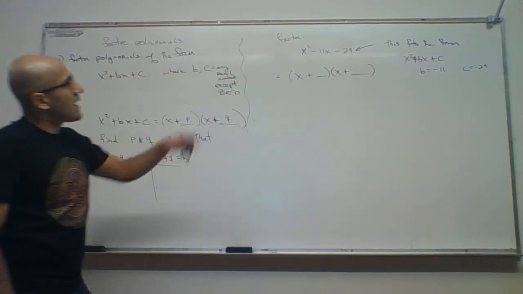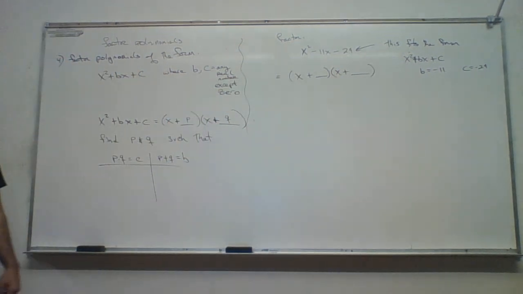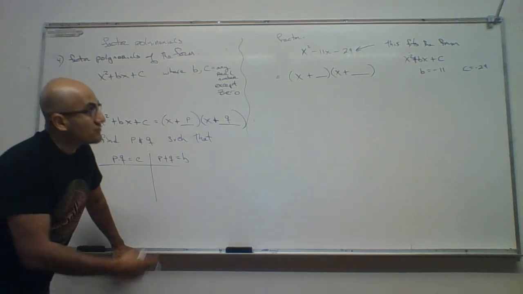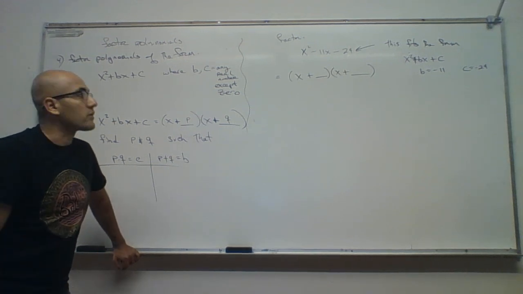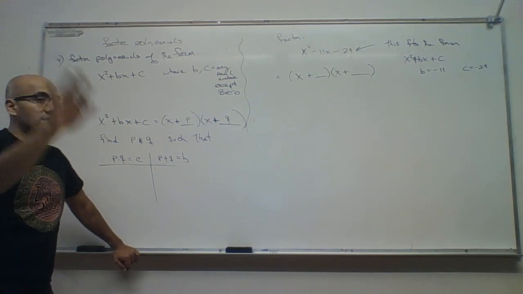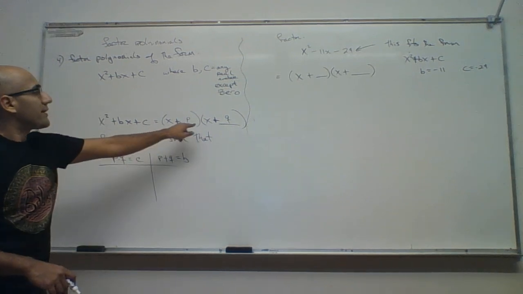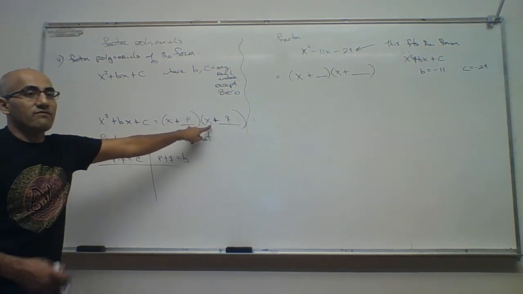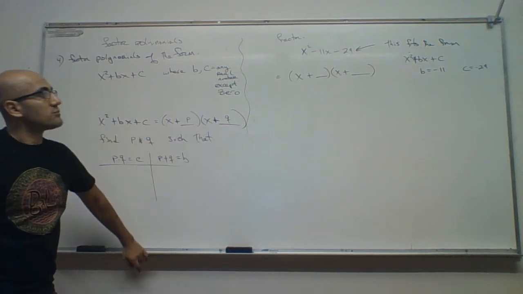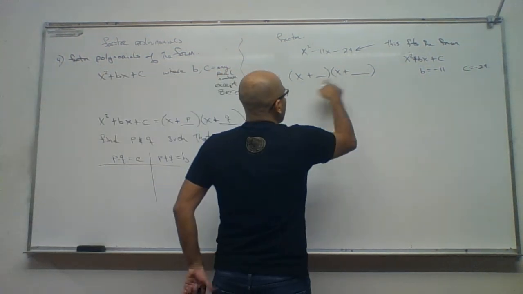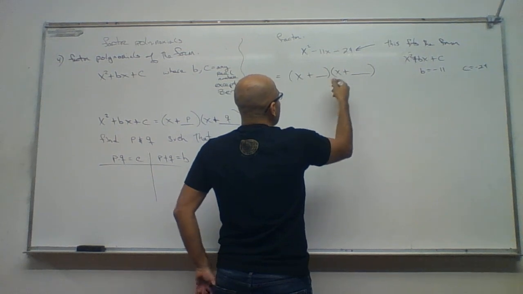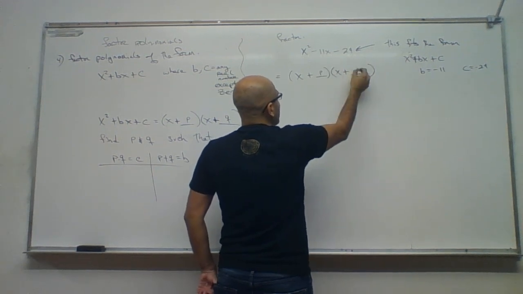The answer is going to be x plus blank times x plus blank if the answer is a nice pretty integer. Now the answer could be a fraction or an irrational number or an imaginary number, but we're not dealing with those right now. We're trying to find some nice pretty whole numbers that can fit this pattern at this point. Okay, so I don't want to refer to blank number 1 and blank number 2, so I'm just going to call it P and Q.